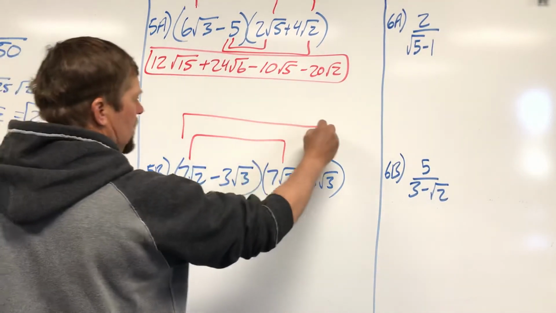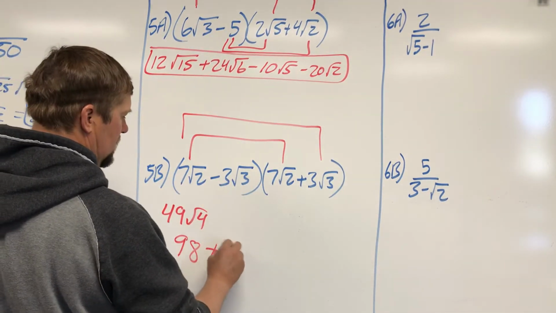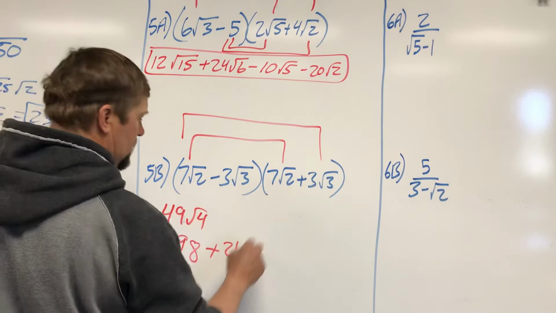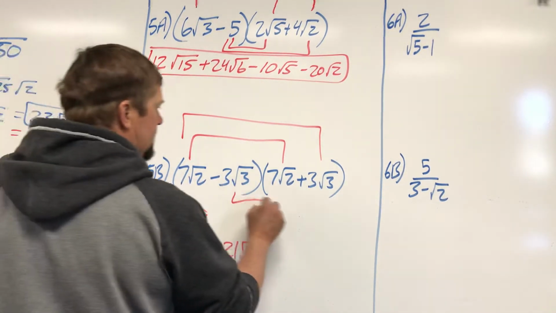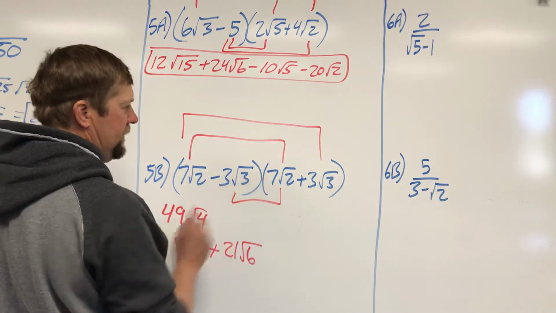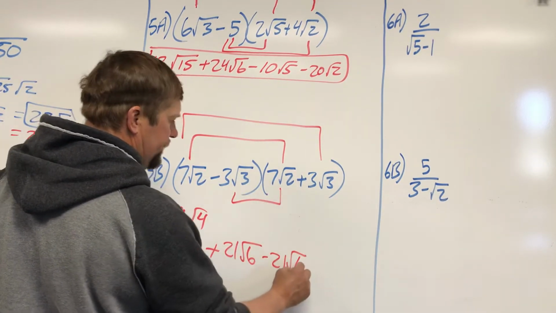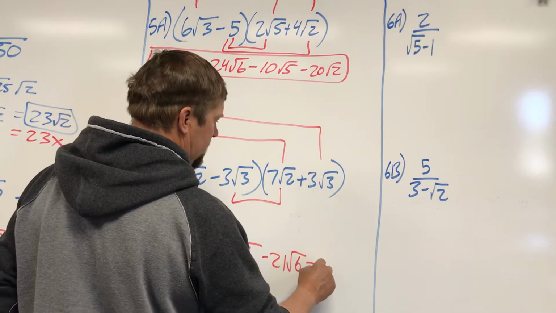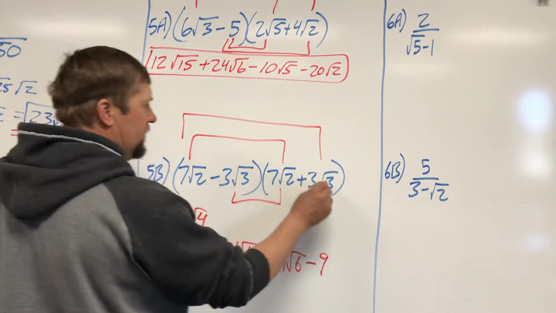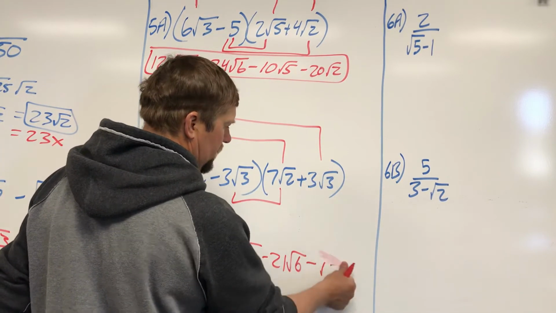Our outside terms, 7 times 3 is 21, so plus 21 square root of 6, since square root of 2 times square root of 3 is the square root of 6. The inside terms, we have negative 3 times 7 is negative 21 square root of 6. The last terms, negative 3 times positive 3 is negative 9, square root of 3 times square root of 3 is 3, so that ends up to be negative 27.